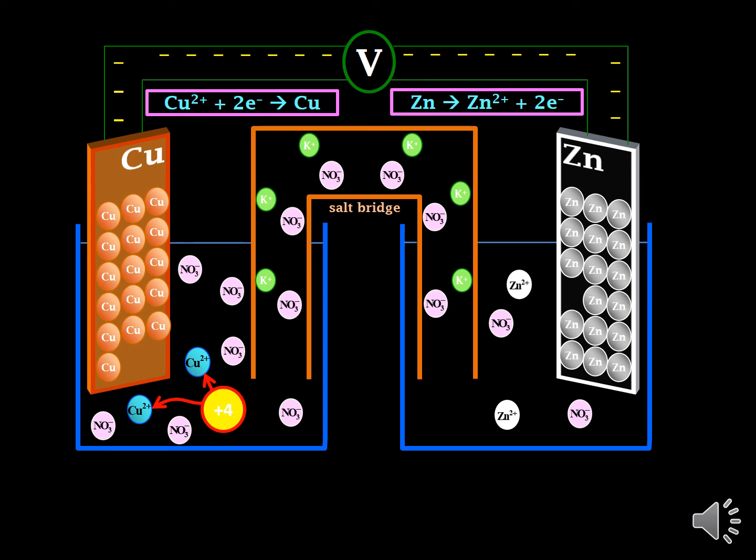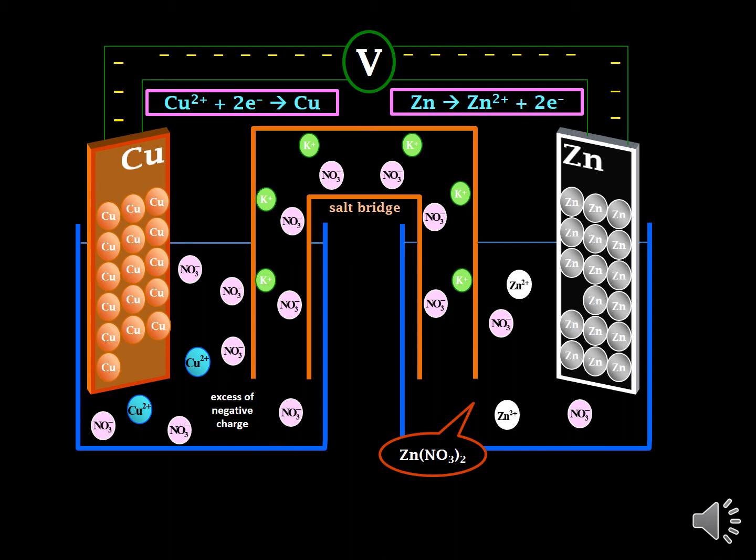So we are left with plus 4 charge only on the left side instead of plus 6. But nitrate ions are still minus 6 in charge. So there is excess of negative charge in the left compartment.